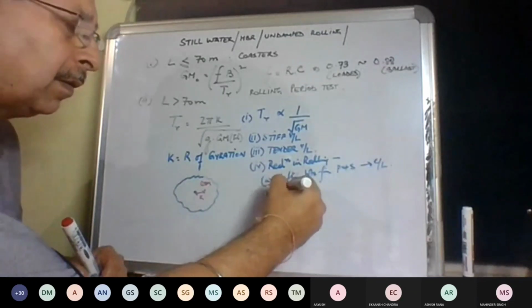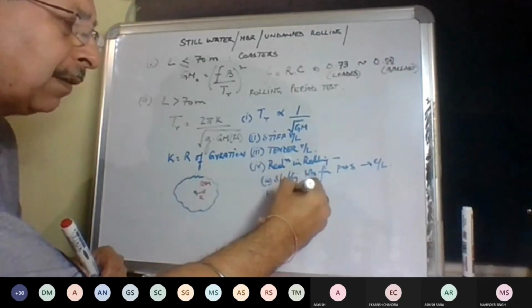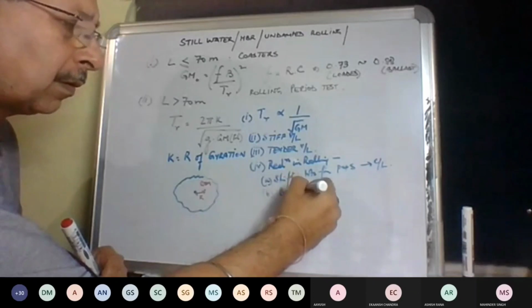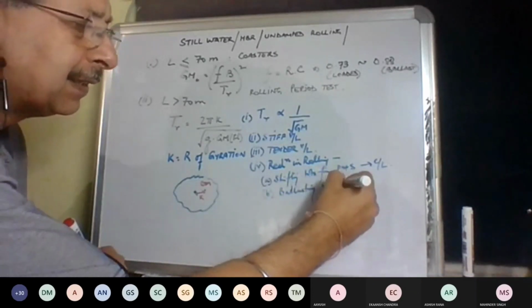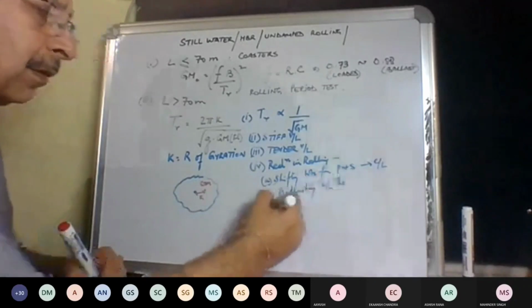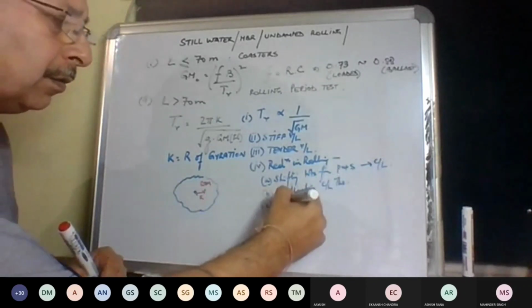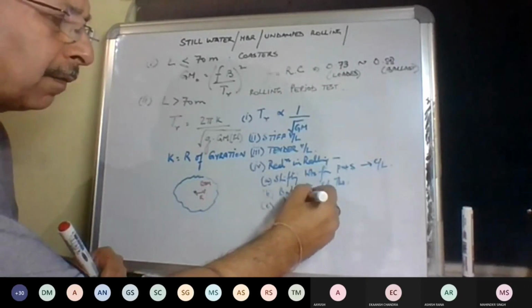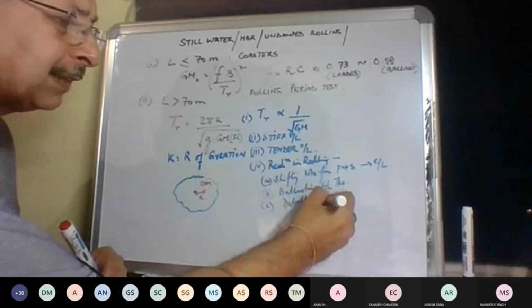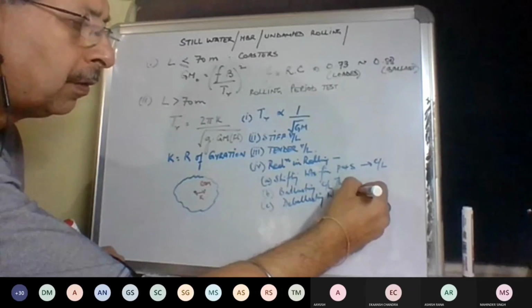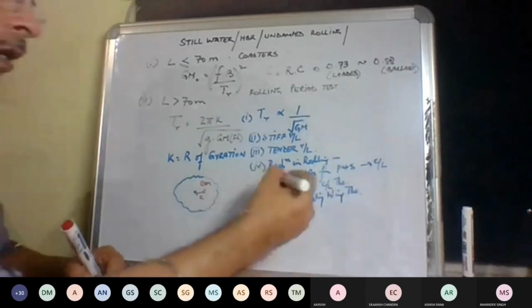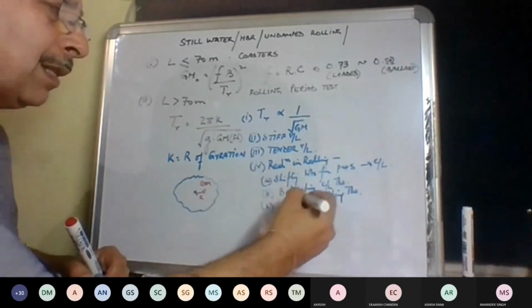Second, by ballasting center line tanks. And third, by deballasting wing tanks.